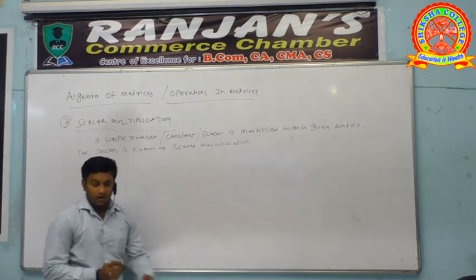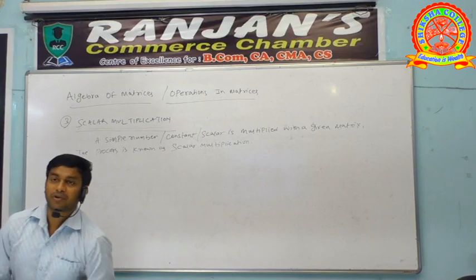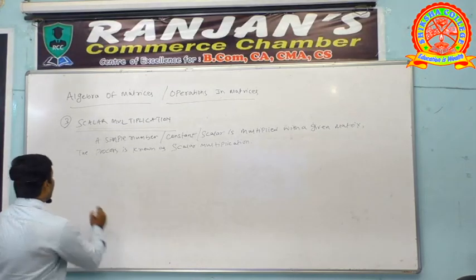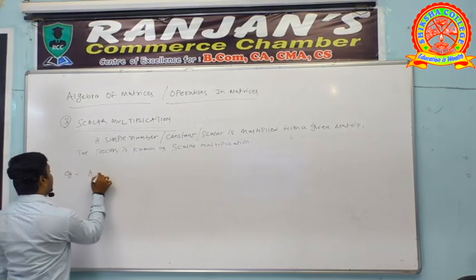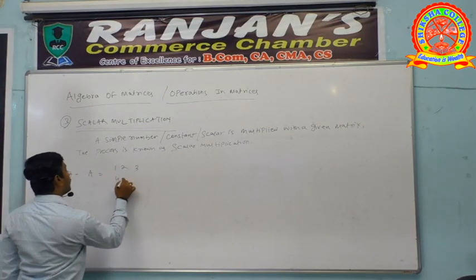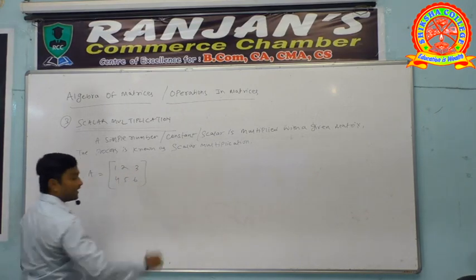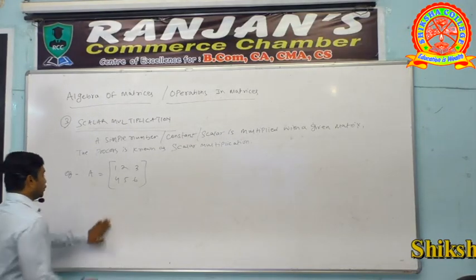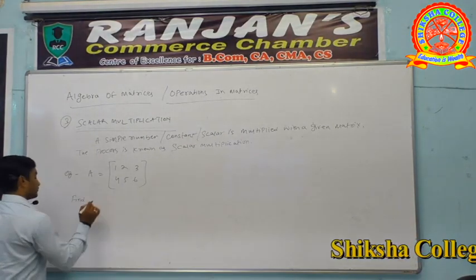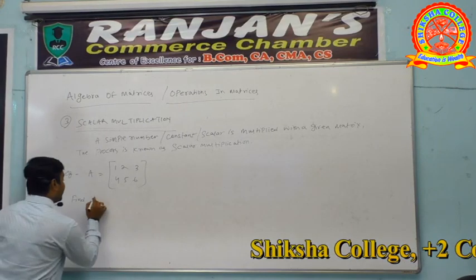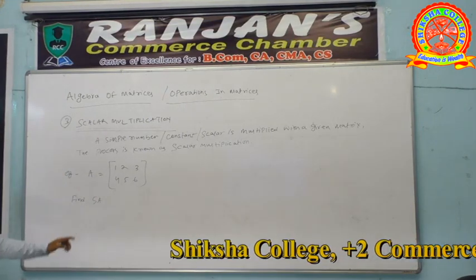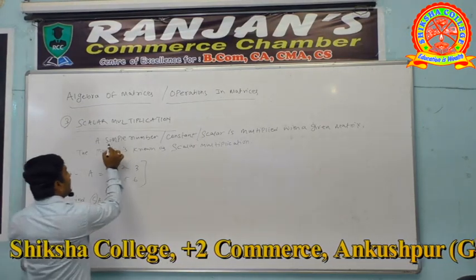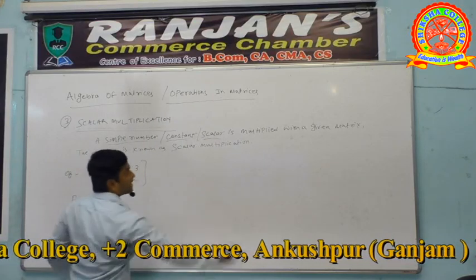Okay, there is no condition, there is no property for scalar multiplication. It is very simple. For example, if we have a matrix A that is 1 2 3 4 5 6, okay, this is a matrix. And if we are asked to find 5A, so here see students, here 5 is a constant number, that we call a simple number or constant or scalar.